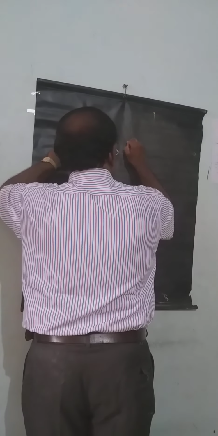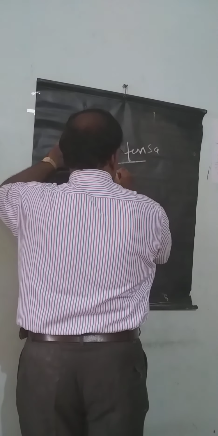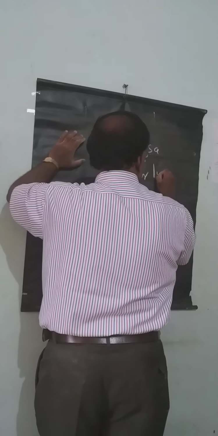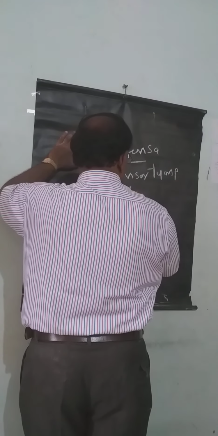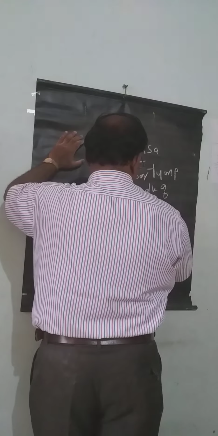Pars tensa is kept tense by the tensor tympani muscle, which inserts on the upper part of the handle of malleus.